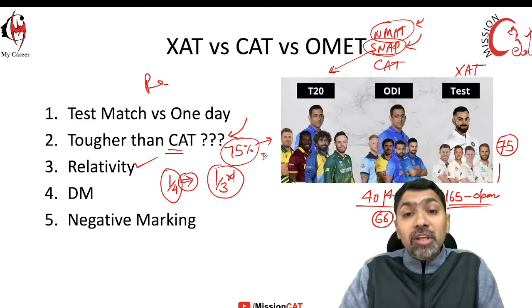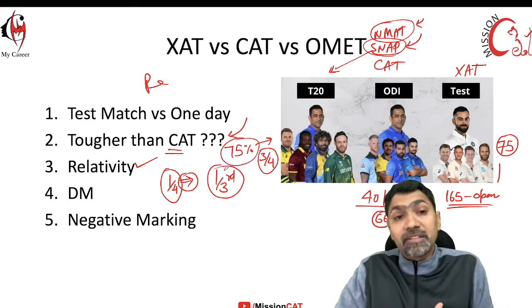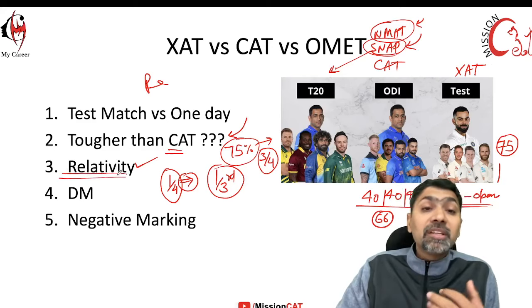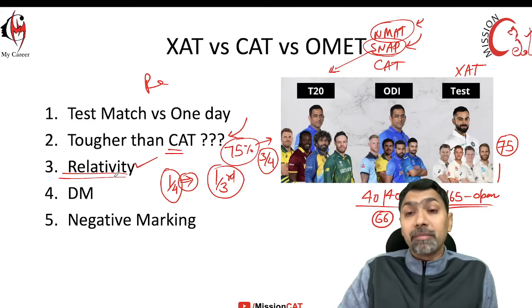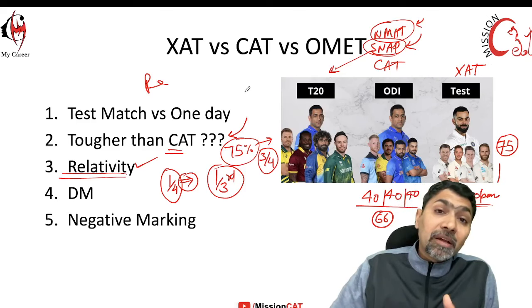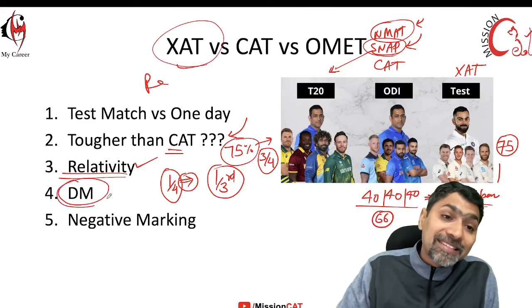Here, even three-fourths of the marks are not able to get you to the best college. So there is a difference between the difficulty levels of the examinations. But in a relative examination, this practically doesn't make much difference, because you have to perform better than others. And the main thing that creates a differentiating factor in XAT is decision making.